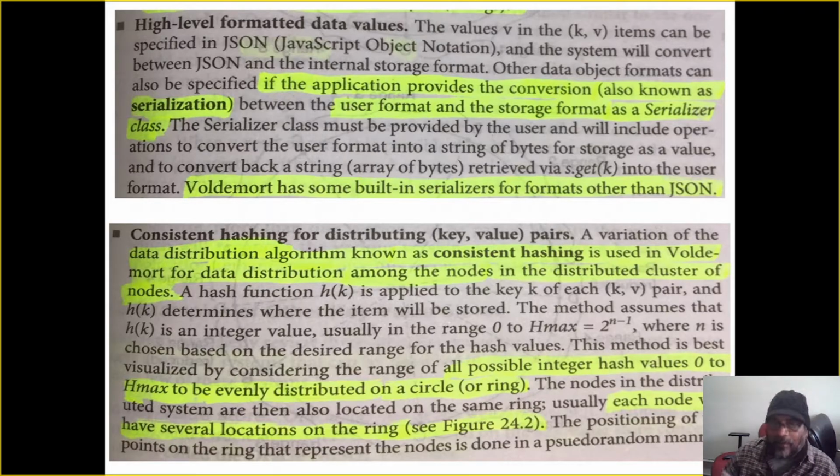But if we have to develop similar values, we have randomness in nature, but those values are being generated by a computer using some algorithm. So somebody can argue that it is not truly random, it is pseudo-random. So the word pseudo-random is used in practice. So the positioning of the points on the ring that represent the nodes is done in a pseudo-random manner.